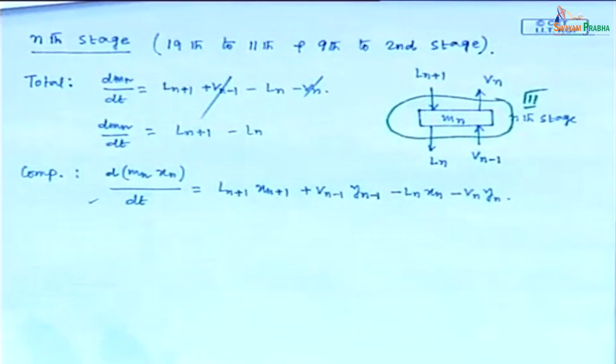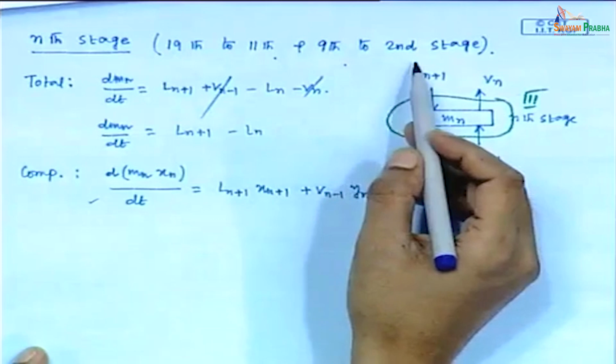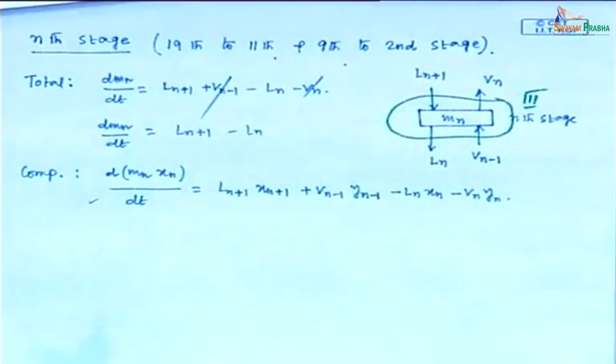Basically, we have considered common nomenclature n for these stages. That is why we have represented that by n stage, and those are 19th to 11th and 9th to 2nd stage.